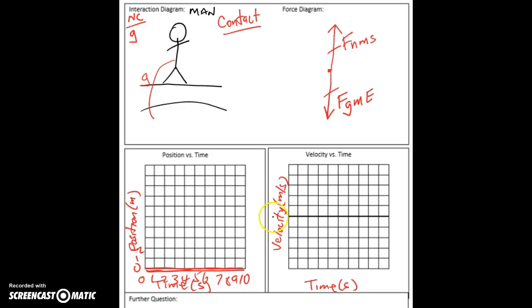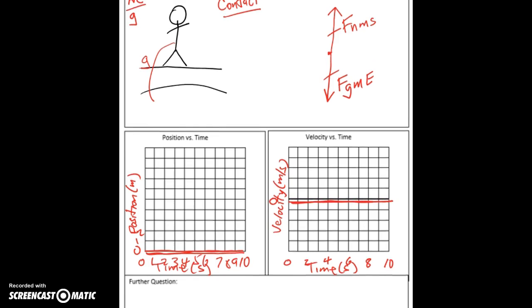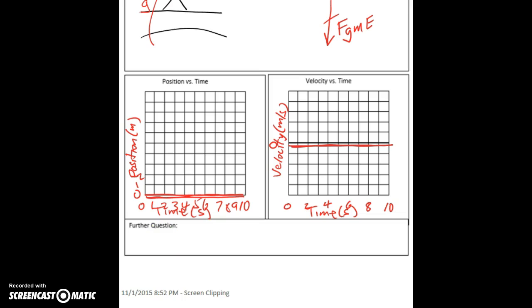And his velocity, we'll have a velocity of 0 here. Those same times 1, 2, 3, 4, 5, 6, 7, 8, 9, and 10 seconds. My velocity is also going to be 0 that entire time. There's no further question on this one.